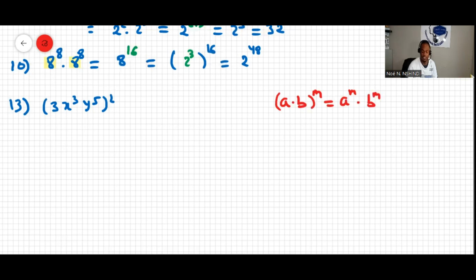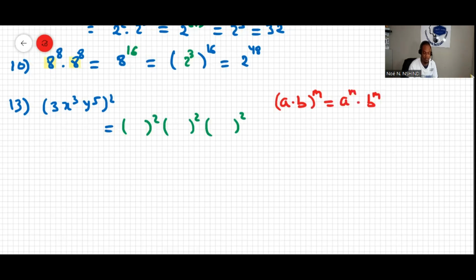The exponent outside the brackets is for everything, each constant and variable within the bracket. So this will be equal to, I prefer to write it this way, 3 squared, x cubed squared, and then y to the power 5 squared.